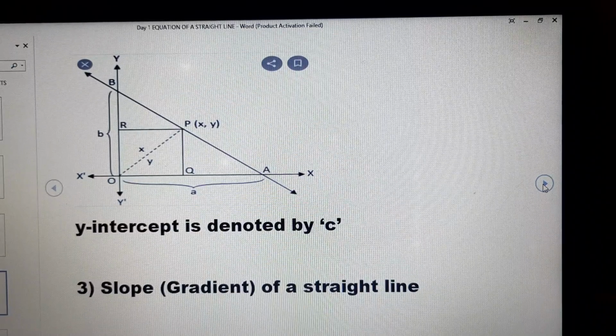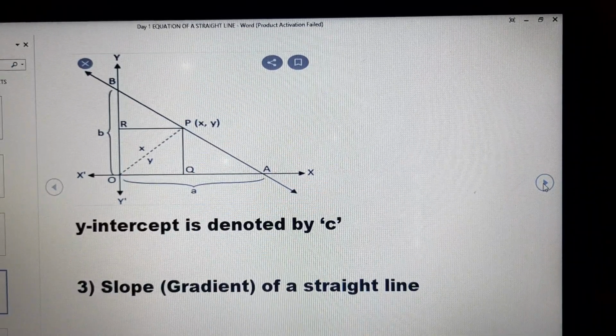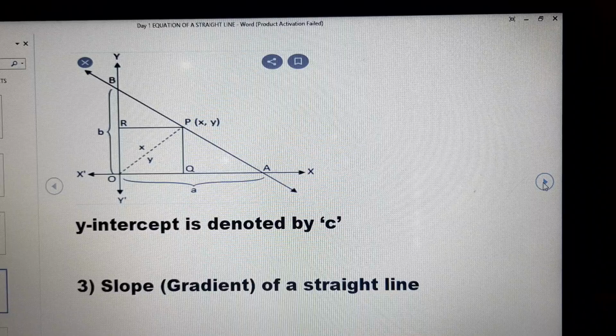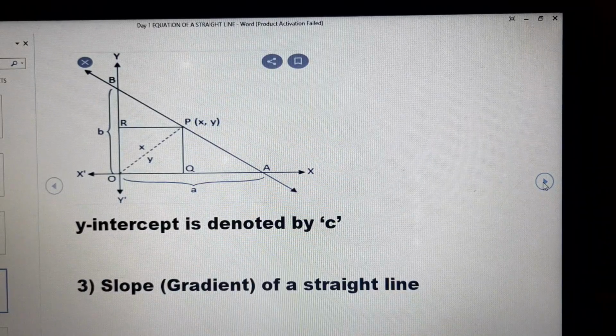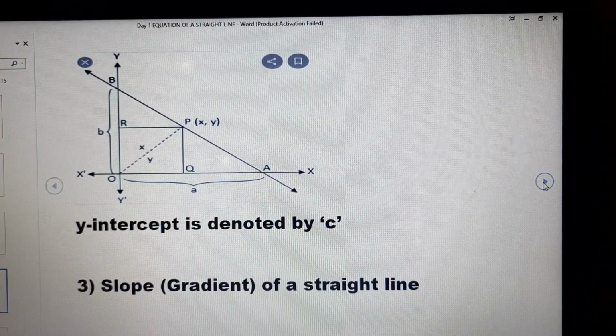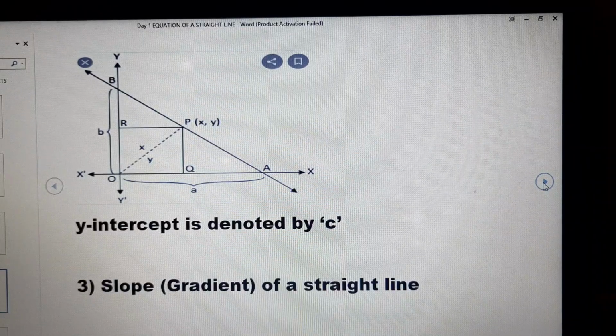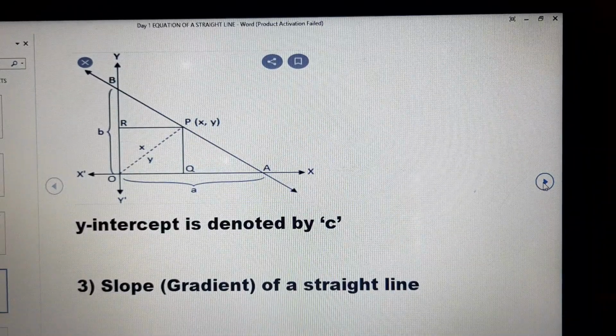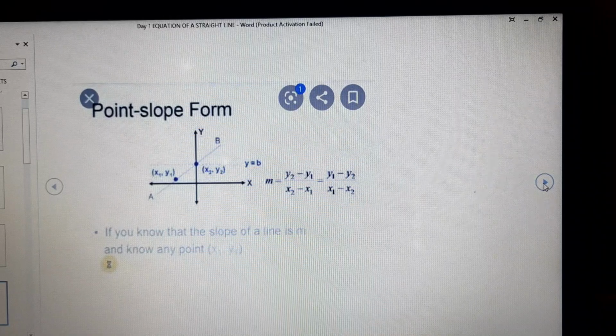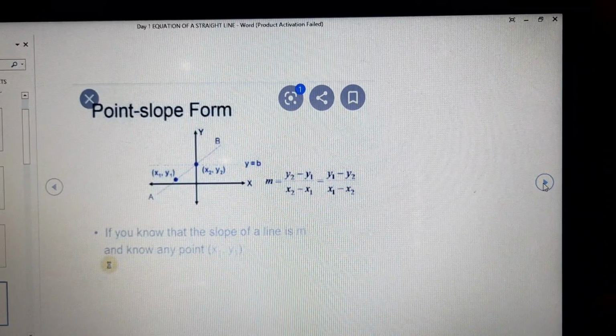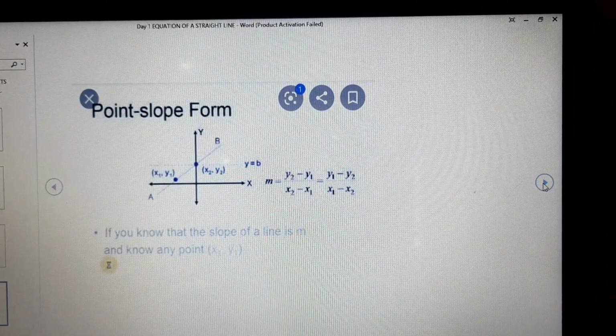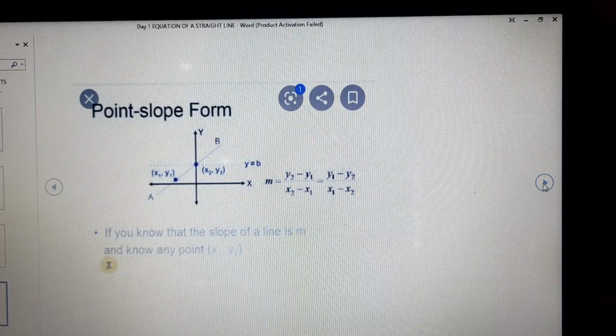Clear? Now we are moving to slope or gradient. Slope, we can say slope also. The second name of slope is gradient. Slope or gradient of a straight line. If you can see in this diagram, x-axis and y-axis are seen properly.